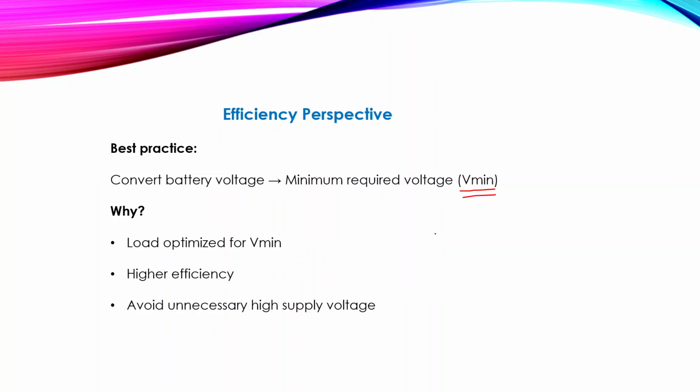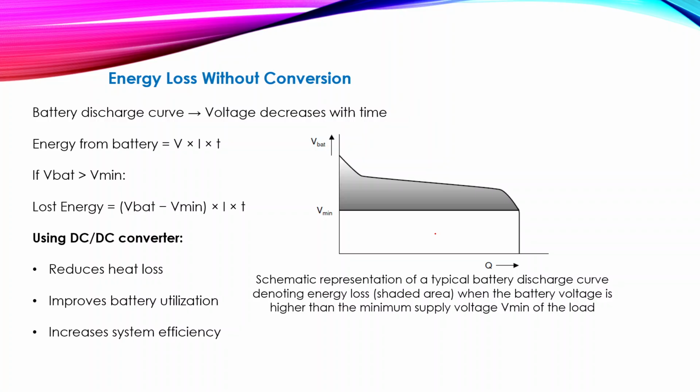Now, what about the energy loss? Here you can see the total energy from the battery is proportional to V times I times T. If the battery voltage is higher than V minimum and we connect the load directly, the excess voltage is wasted as heat.